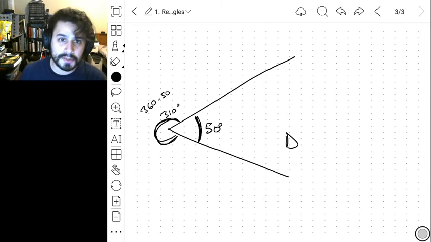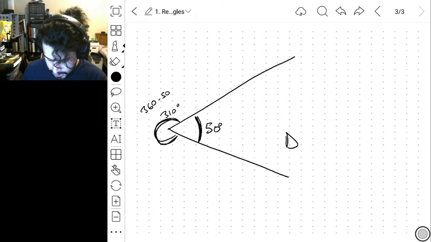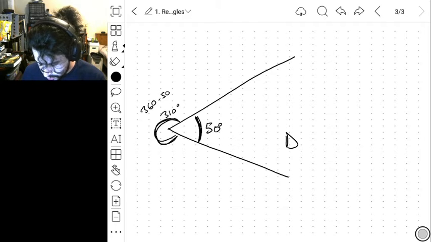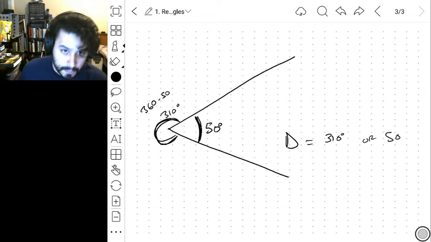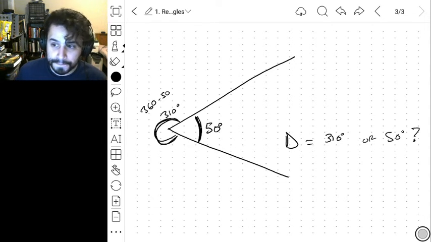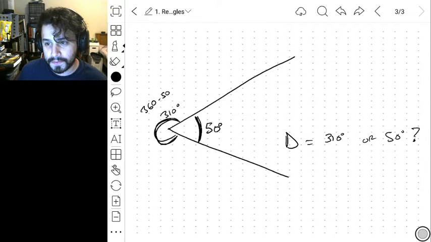So then the question is posed, what's the measurement of angle D? Is angle D equal to 310 degrees, or is it equal to 50 degrees? And the answer to that question is, it depends. The most common way of deciding is depending on which you prefer.